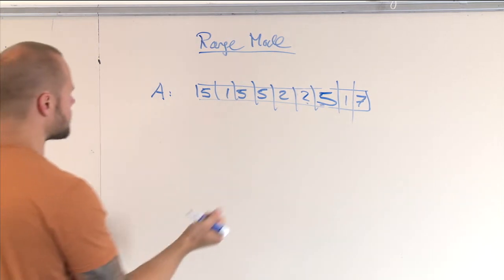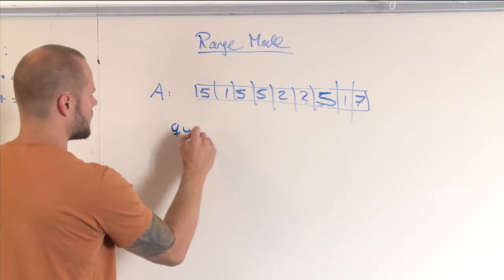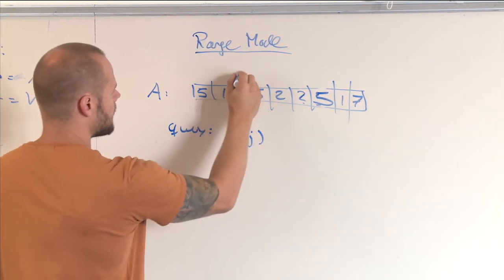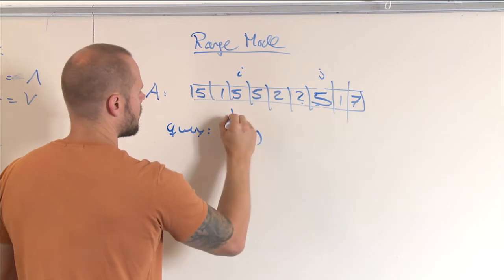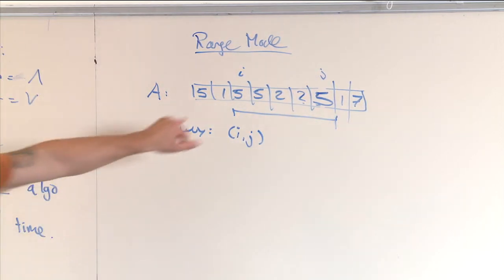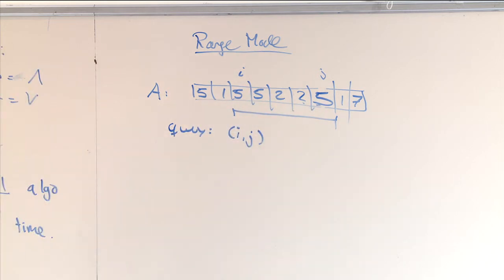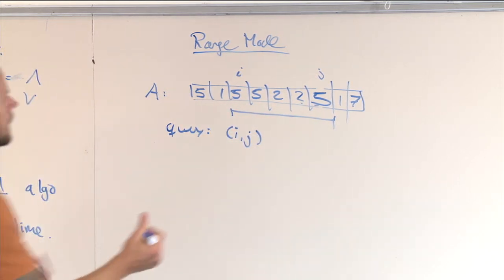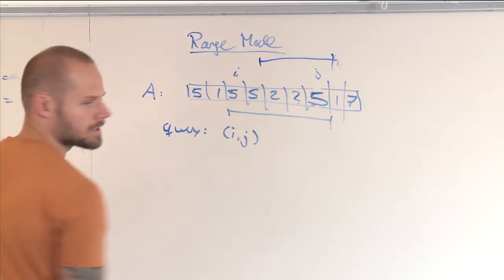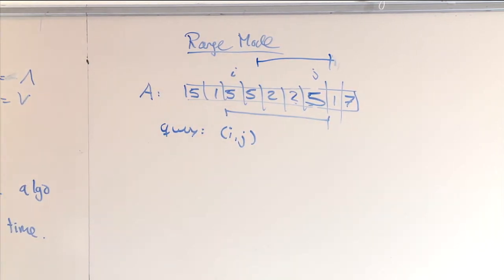The query to this range mode problem is a pair i and j, and you have to return the element that occurs the most times in the subinterval from i to j. In this case, the answer would be the element 5 because it occurs 3 times in this subinterval. You'd also have a query from here to here, and then the answer would be 2 because it occurs twice in this subarray. So that's the range mode queries.